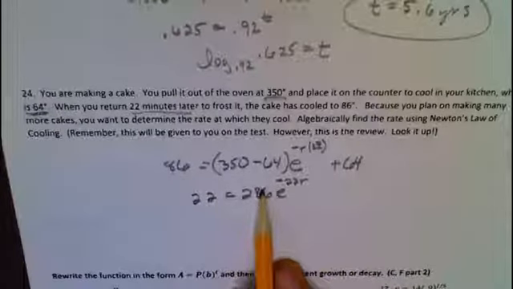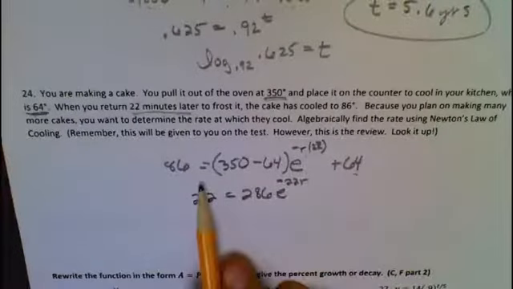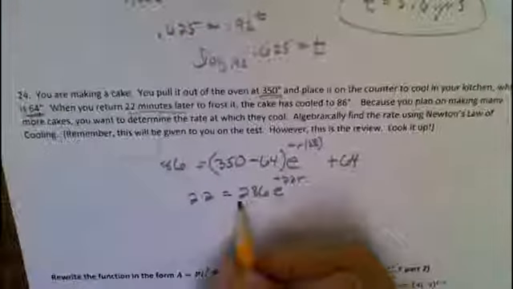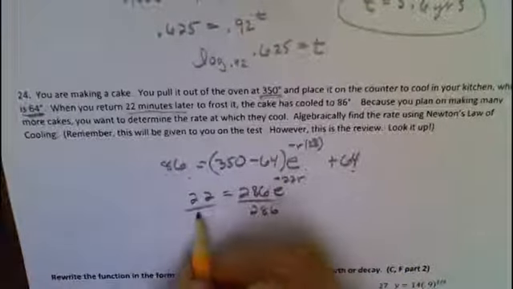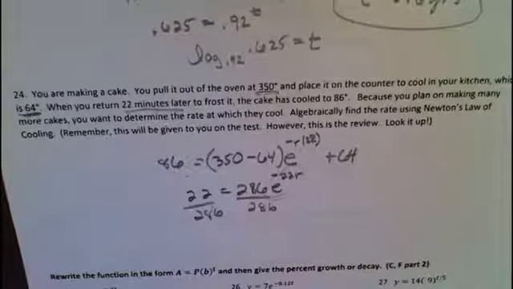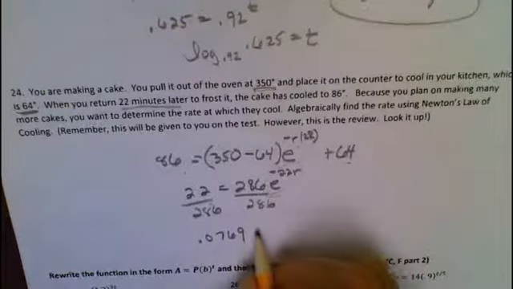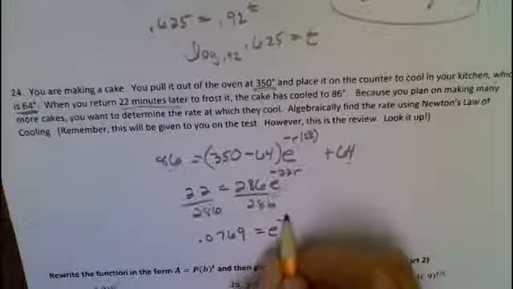So first of all, that becomes 286. I subtract 64 on each side, and I get 22. Have to get the base by itself, so I divide by 286. And 22 divided by 286 is 0.0769. I'll go four places. Equals e to the negative 22r.